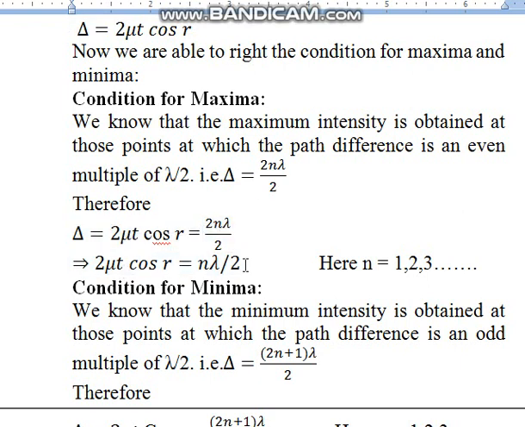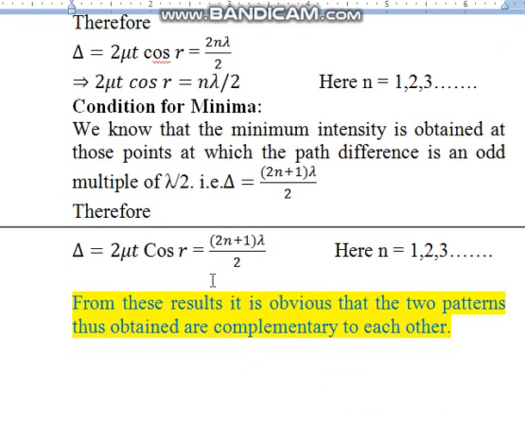Now the condition for minima. The minimum intensity is obtained when the path difference is an odd multiple of lambda by 2. Therefore we put the path difference twice mu T cos R equal to twice n plus 1 times lambda by 2.